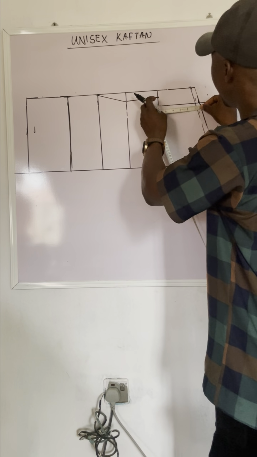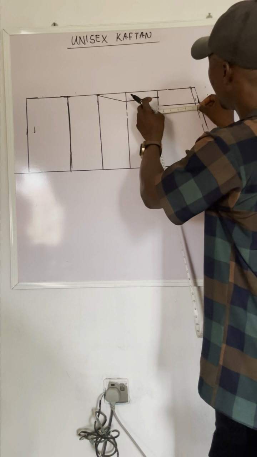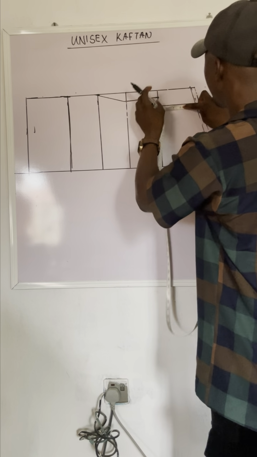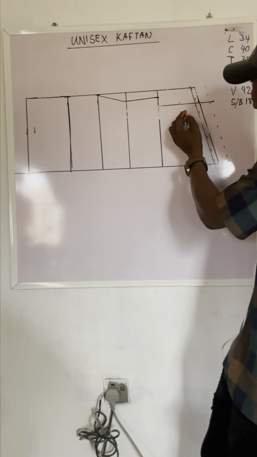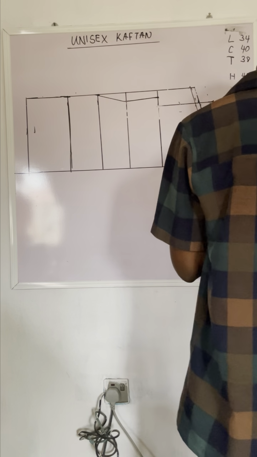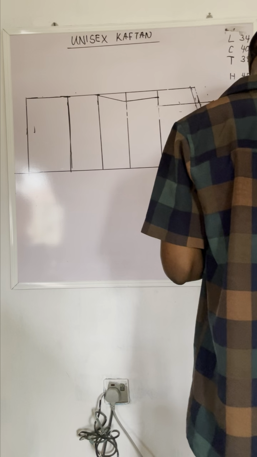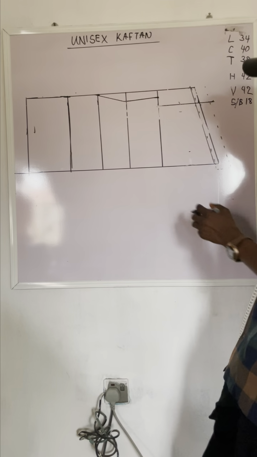Anything you have, you divide it by 2. Here I have 6, so definitely the half will be 3. This is the half. Now, from this half, you come in by 1 inch. From this 1 inch, this is how to curve your armhole for the front pattern.